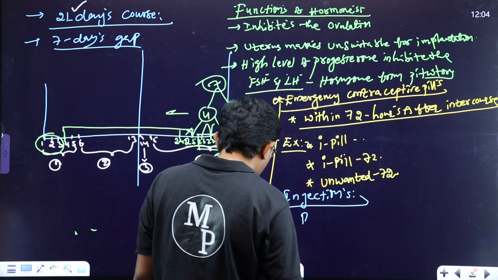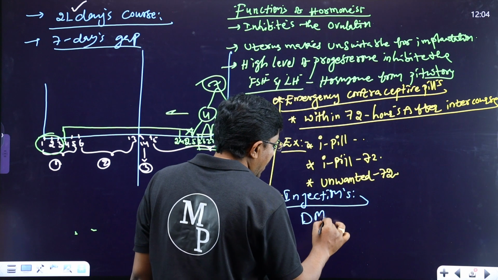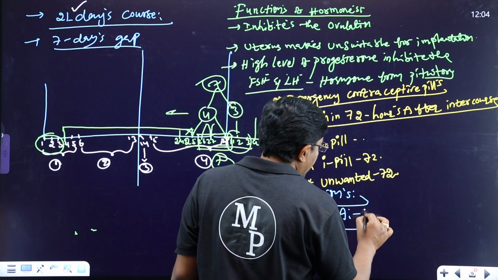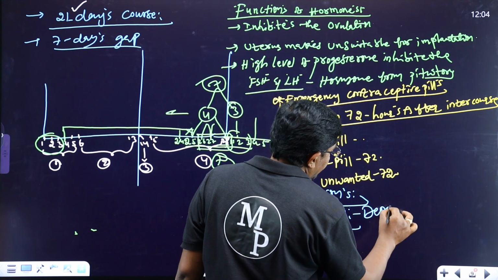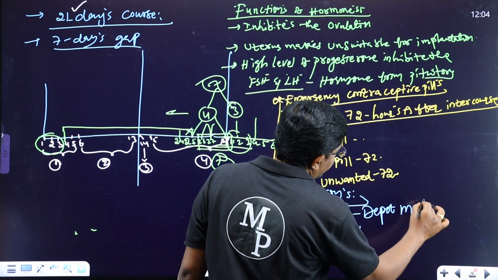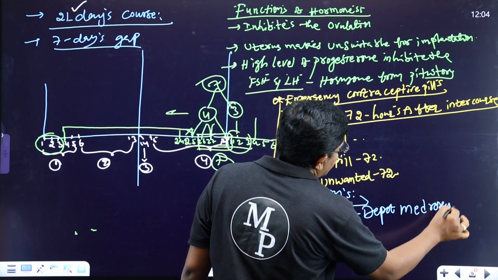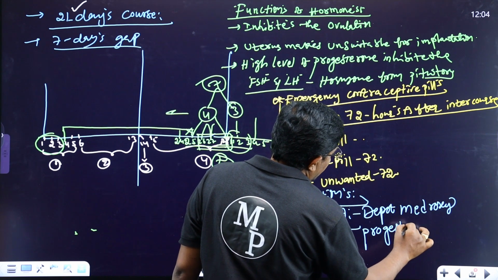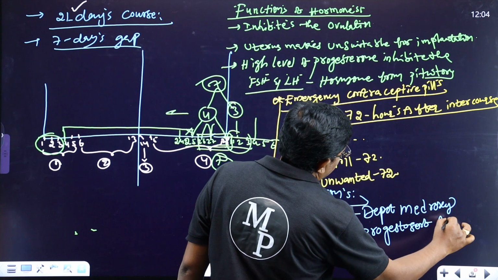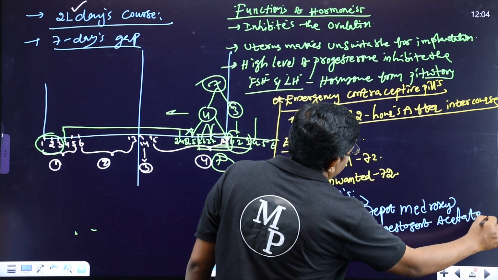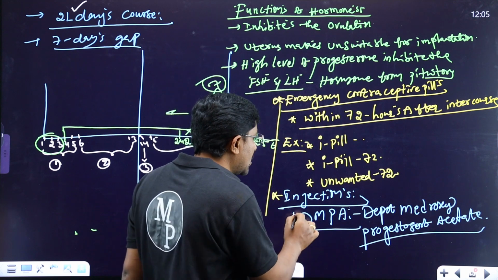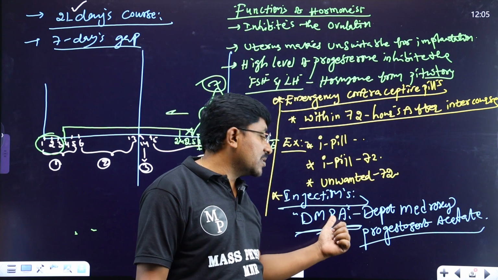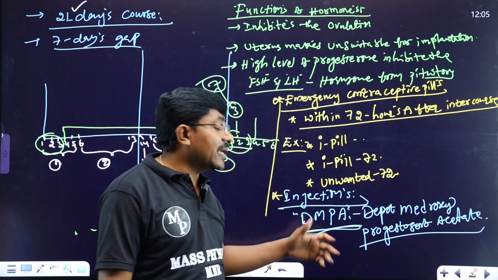This is depot medroxyprogesterone acetate, DMPA. So the abbreviation DMPA stands for depot medroxyprogesterone acetate. These are the injections.